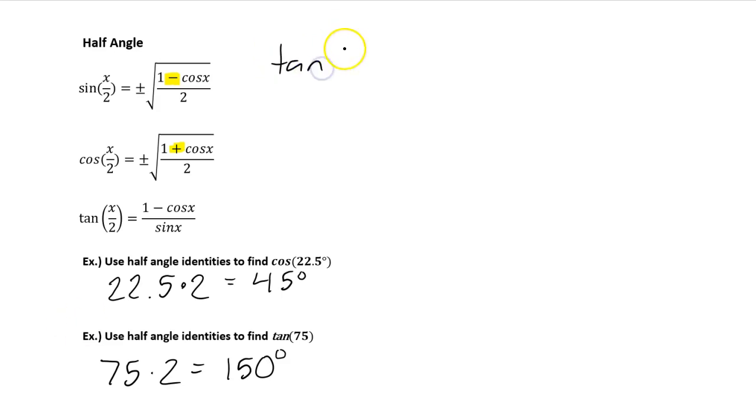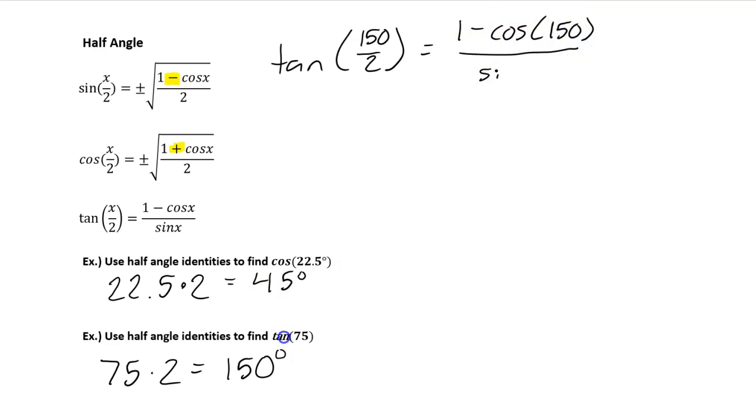So tan of 150 over 2 equals 1 minus cosine of 150 all over sine of 150. So we're going to be able to just go to our unit circle.